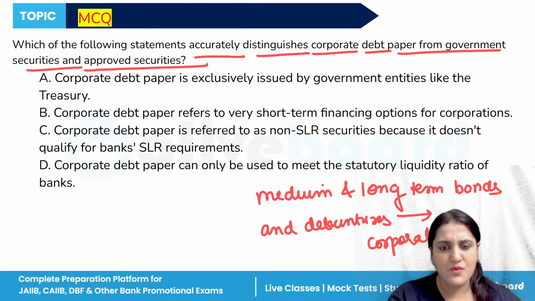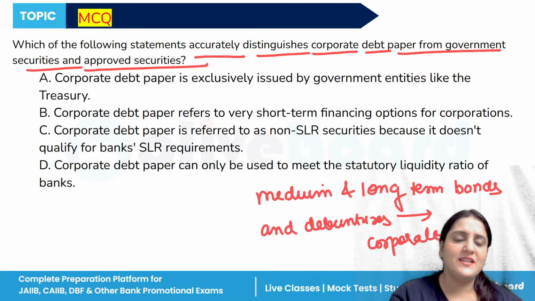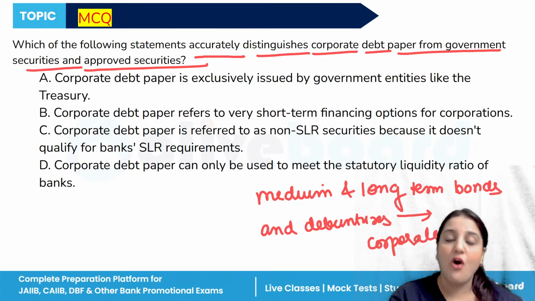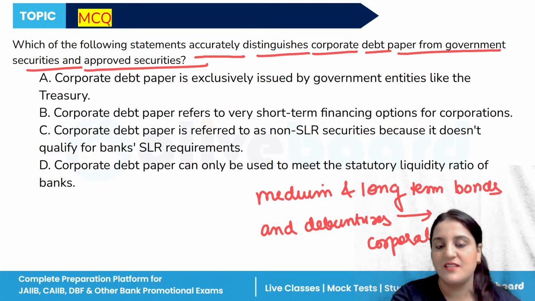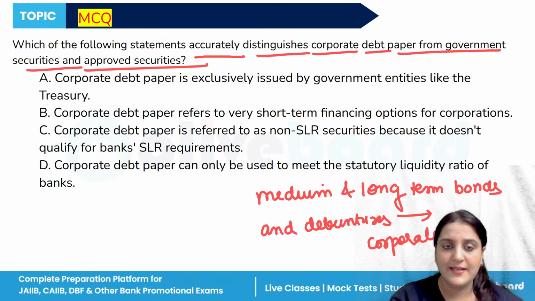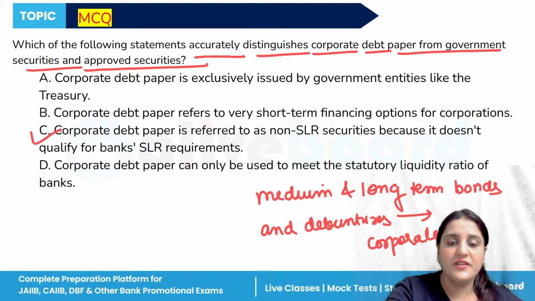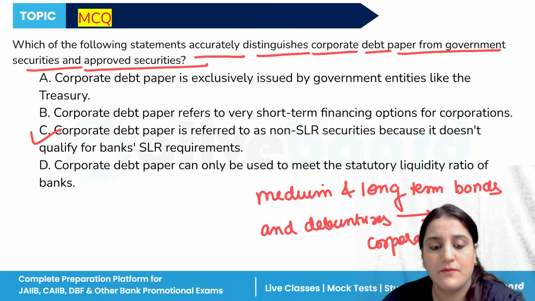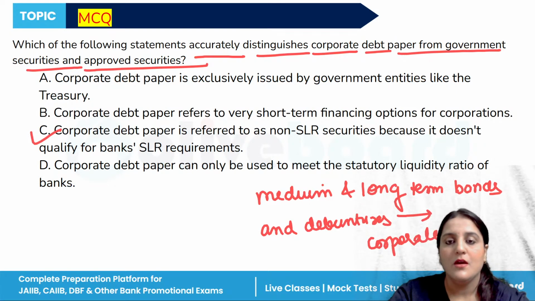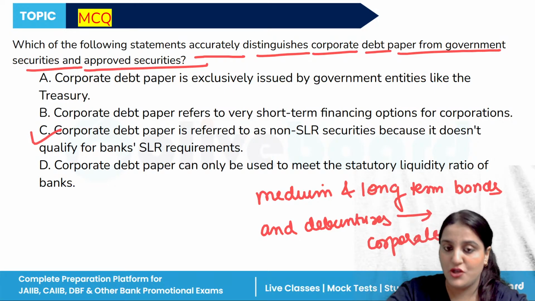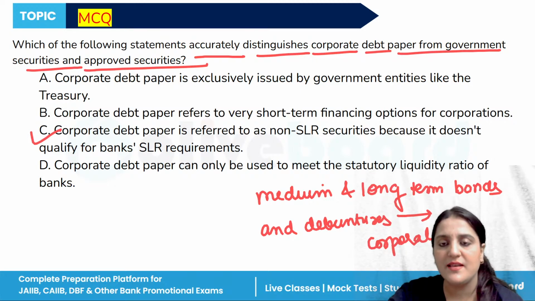The Tier 2 capital bonds are issued by banks and also fall under this category. So if we read the options correctly, option C is correct here. Corporate debt paper is referred to as non-SLR securities because it does not qualify for banks' SLR requirements.